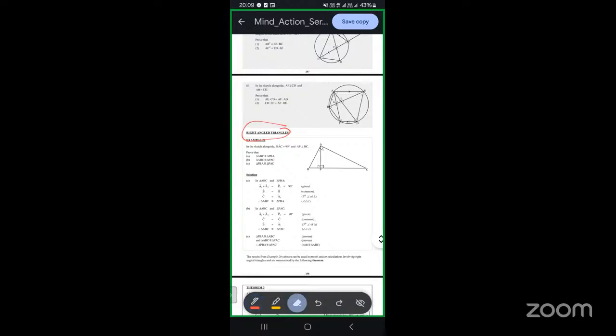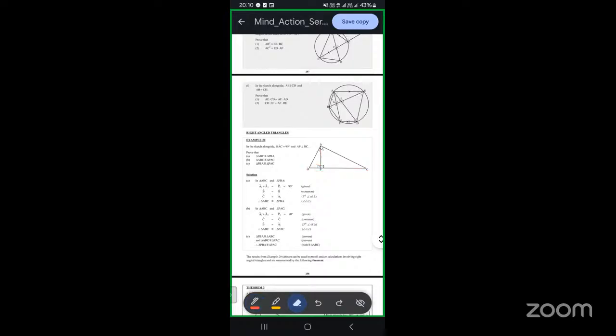We've got this example 20, where in the sketch alongside we are given that the angle BAC is 90 degrees, which is this angle right here. And AP here is perpendicular to ABC. That means this angle and this angle will be 90 degrees.